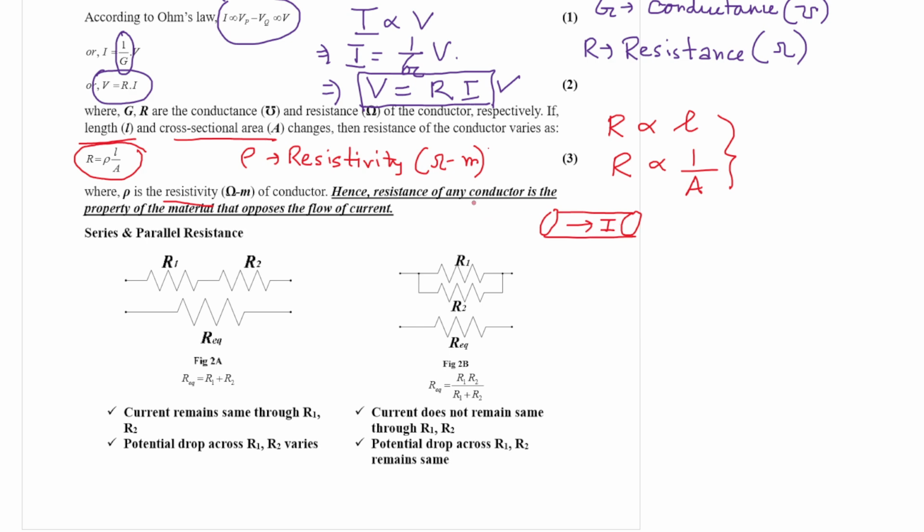That is why its name comes, resistance. So resistance is the material property of any conductor or any material which simply opposes the flow of current.